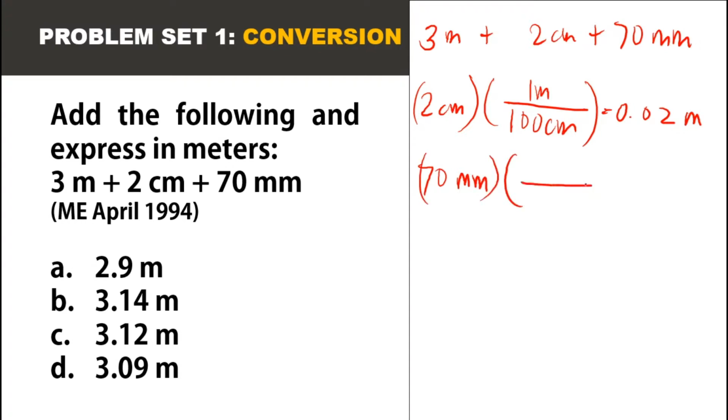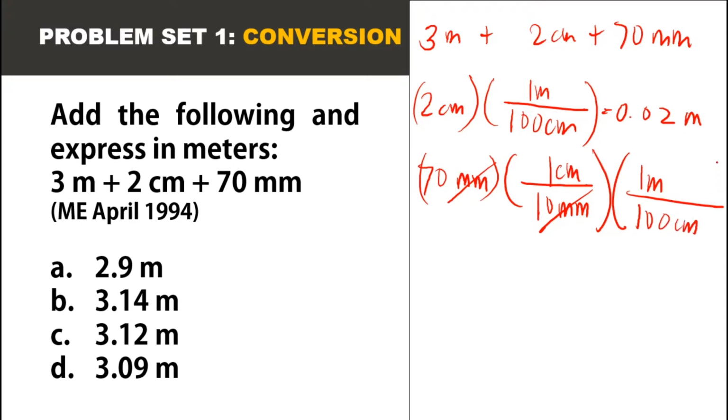So for 70 millimeters, we have the conversion, that is 1 centimeter per 10 millimeters. So the millimeter unit will cancel, and then for centimeter we have 1 meter per 100 centimeters. So that is 70 divided by 10 times 100, that is 70 divided by 1000.